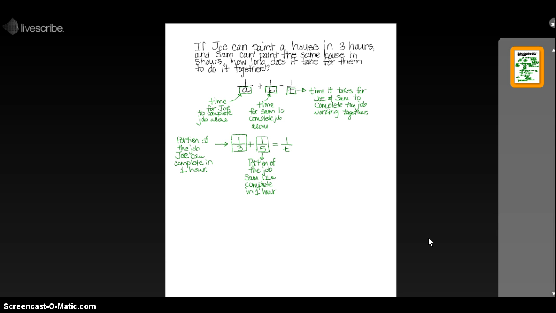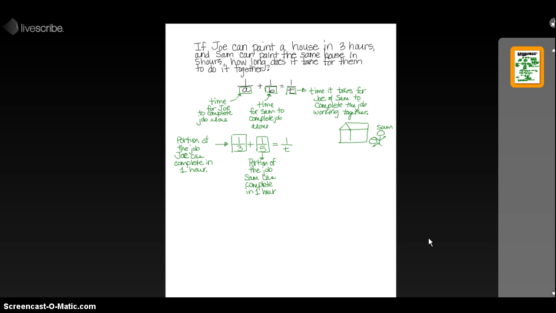Okay, so if it takes Sam 5 hours to paint the house, in 1 hour he will be 1/5 of the way done. So he would need 5 hours to finish if he was working by himself. Now, we're going to draw a little picture. Pictures are always fun. Okay, so here's our house. Alrighty, and let's say we have Sam over here working.